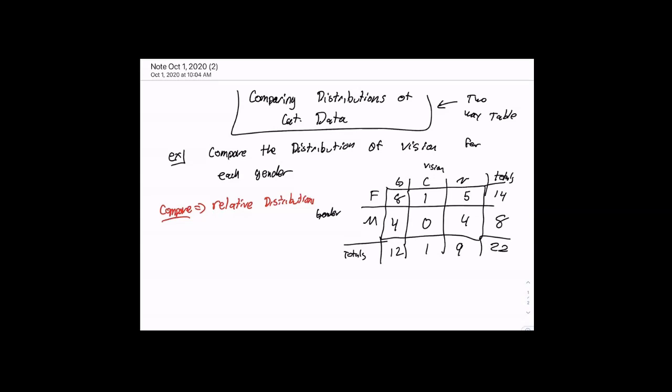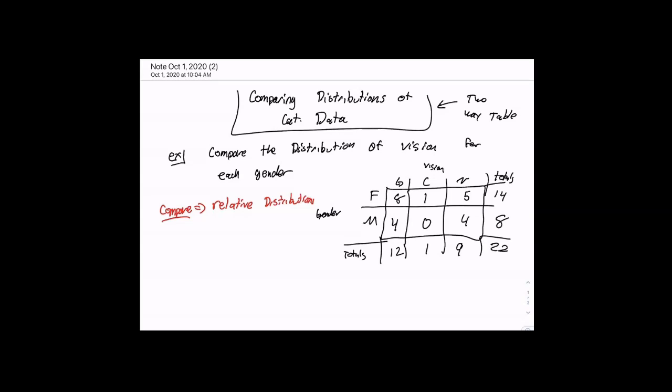That's 5 of 14, which is less than half, which is about a third. But for the males, it's 4 of the 8, which is half, which is 50%. So who's more likely to wear neither? It's actually the males who are more likely to have neither than the females, even though the females have more, because there are so many more females within the class.